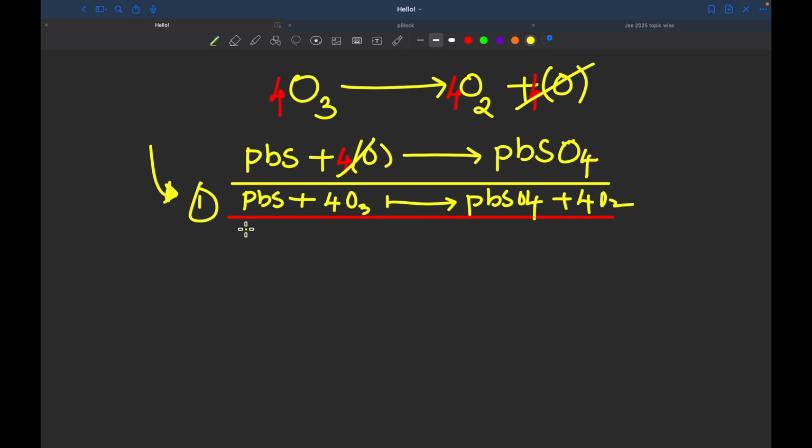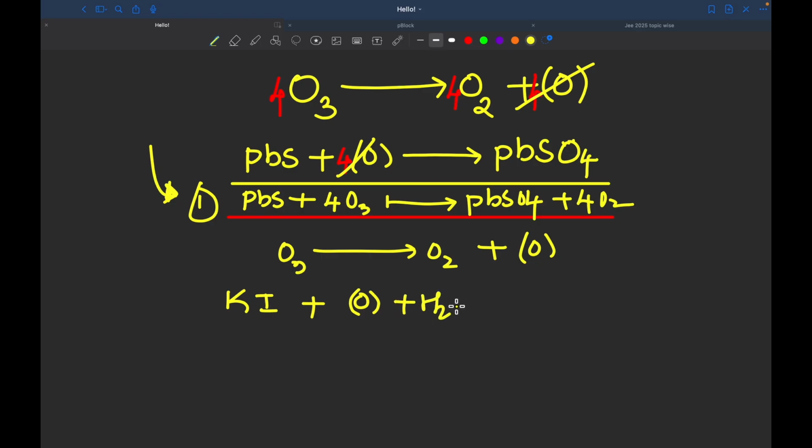I wrote this one. Next one, the same reaction, O3 is converted to O2 plus nascent oxygen, and potassium iodide reacts with this oxygen and water and converts itself into iodine gas, released forming KOH.